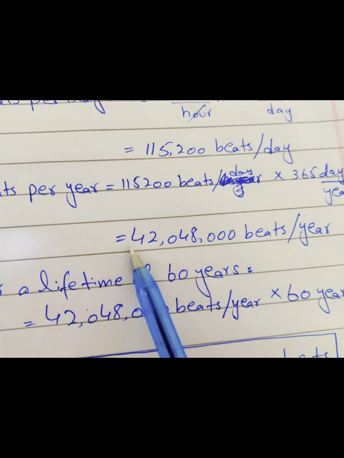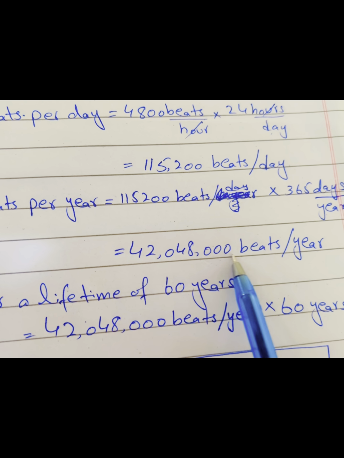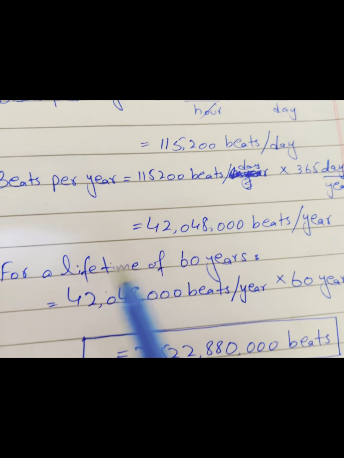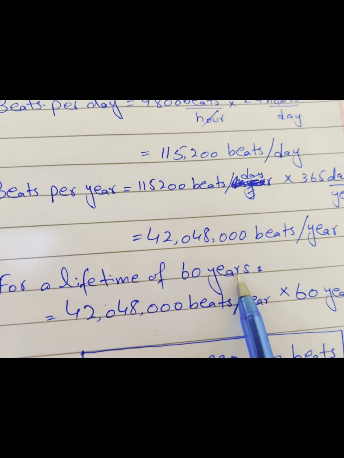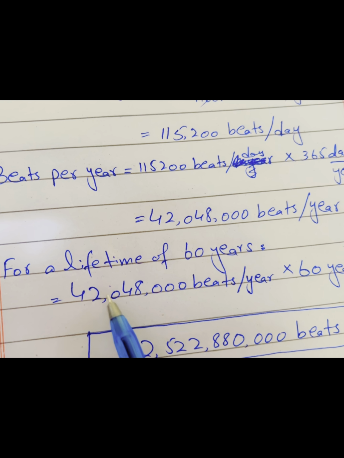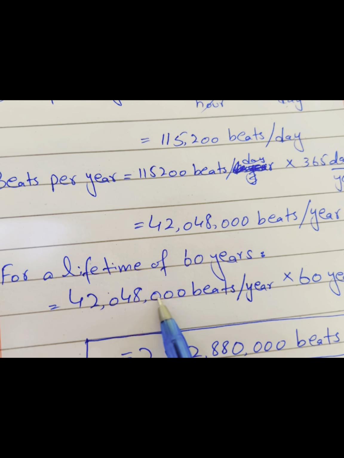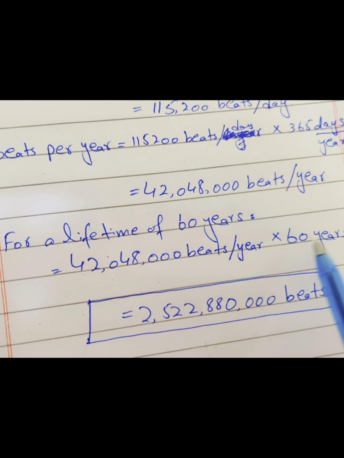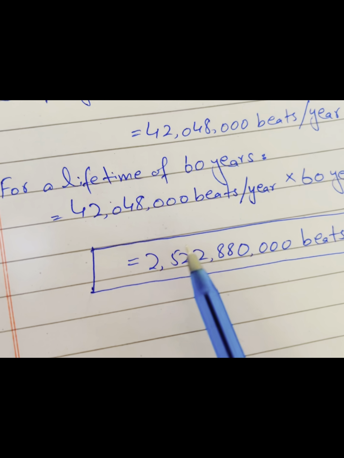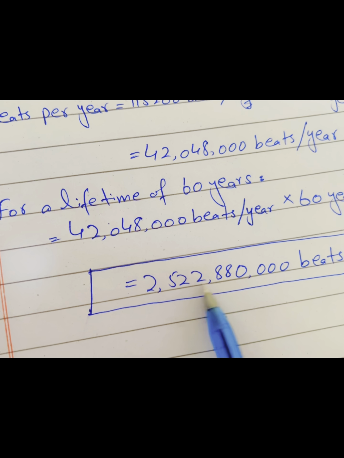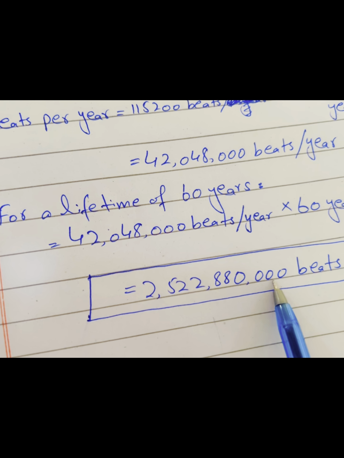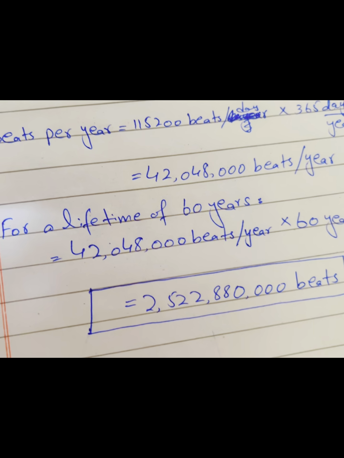Then it becomes 4204800 beats per year. For a lifetime of 60 years, 4204800 beats per year multiplied by 60 years. And the answer is 2522880000 beats.